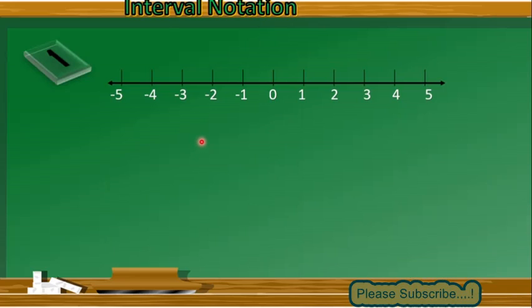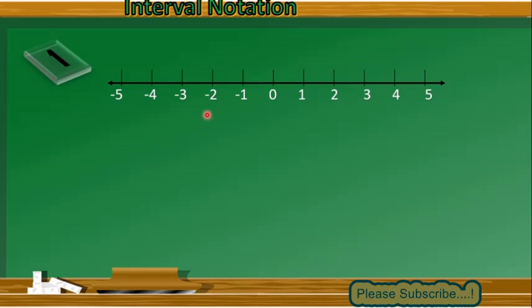Okay, I have here a number line containing 0. From 0 to the right are positive numbers, from 0 to the left are negative numbers, and on this number line we will put the solutions from the inequality problems.